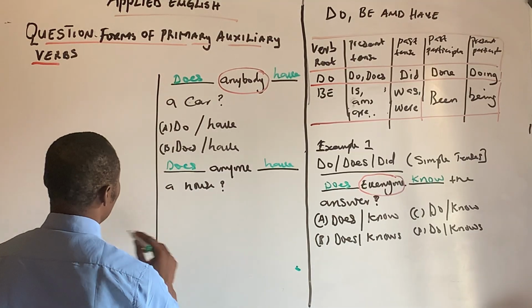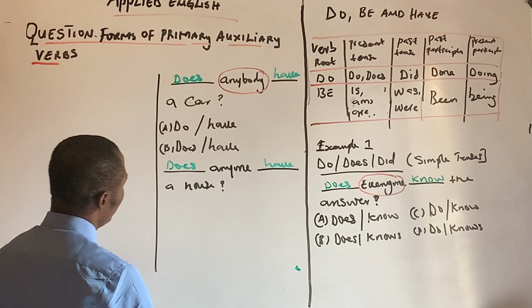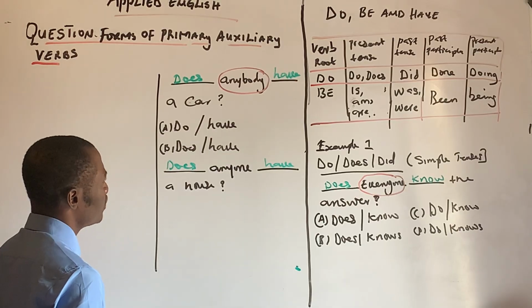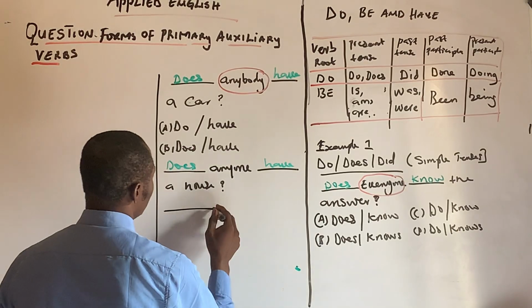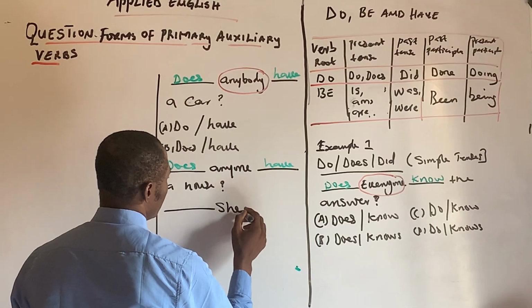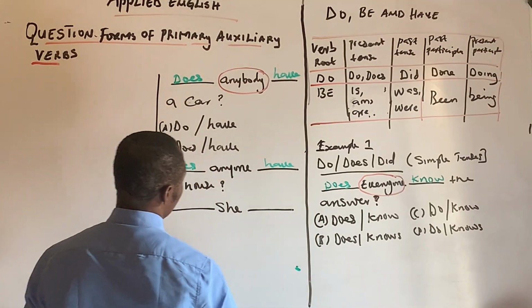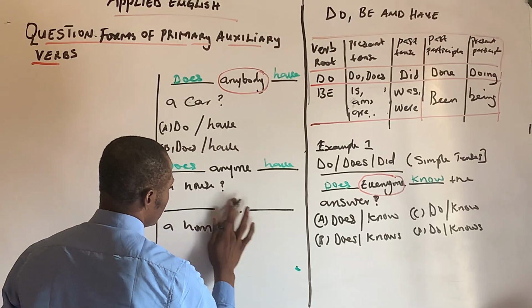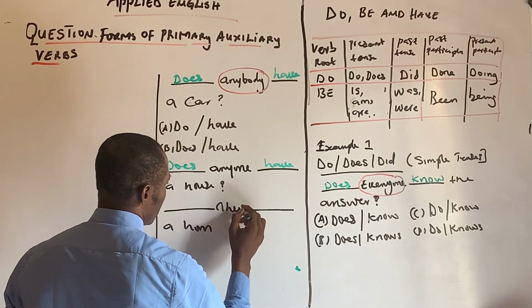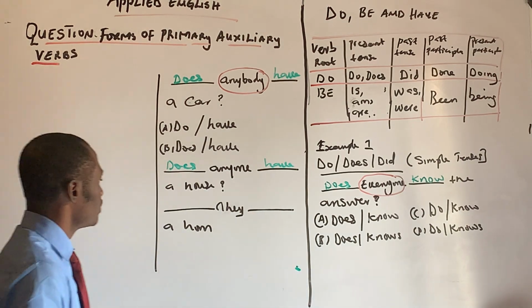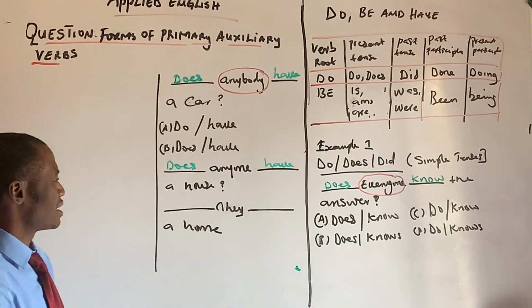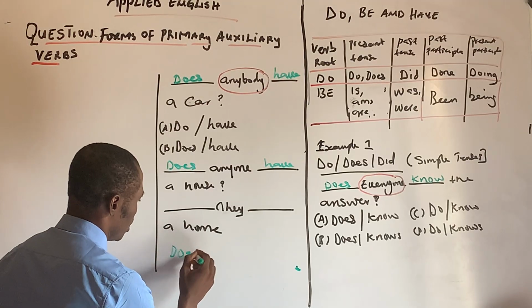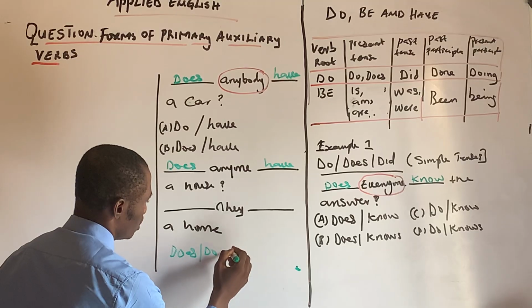We have another one. Let's say we have this question: dash, they, dash, a home. Now, what will be the answer here? Choose from here: does or do.